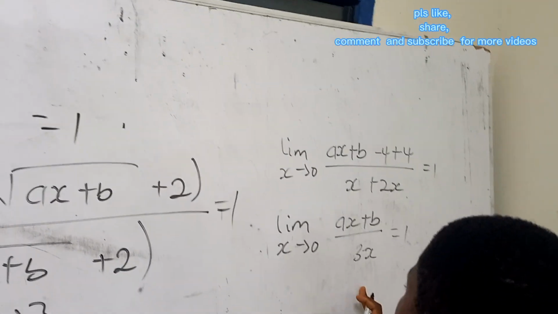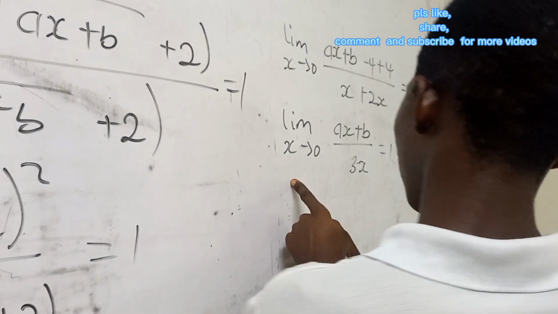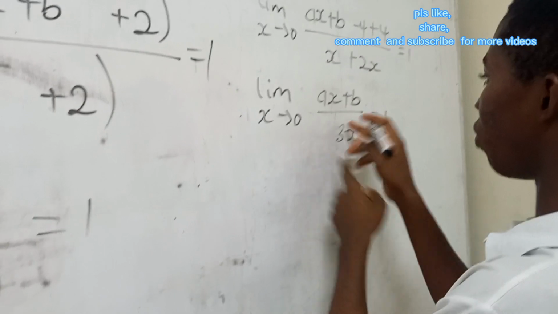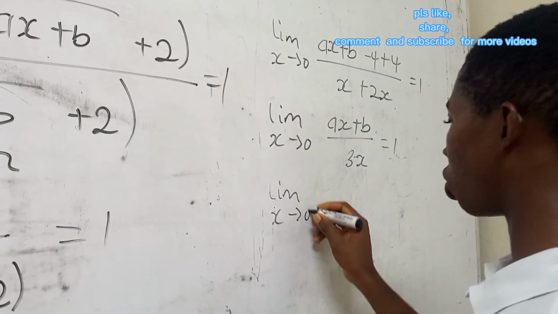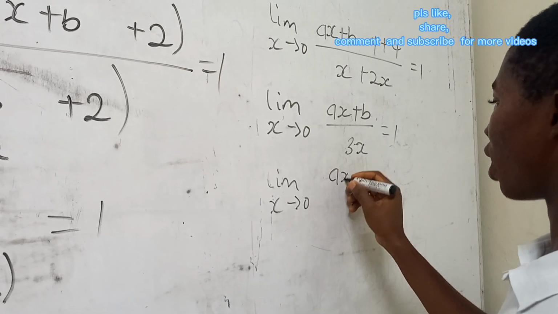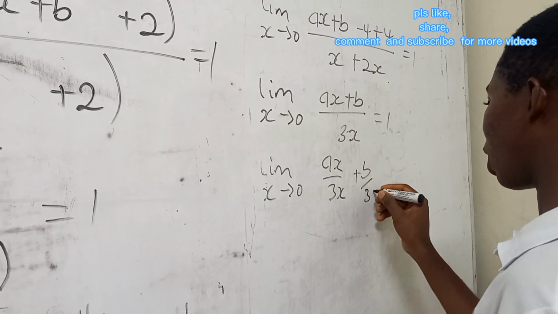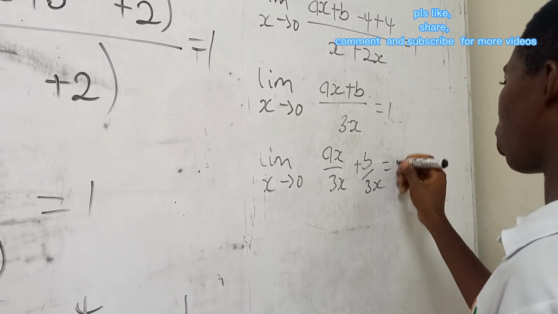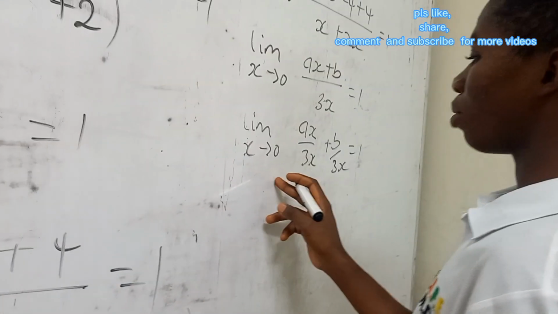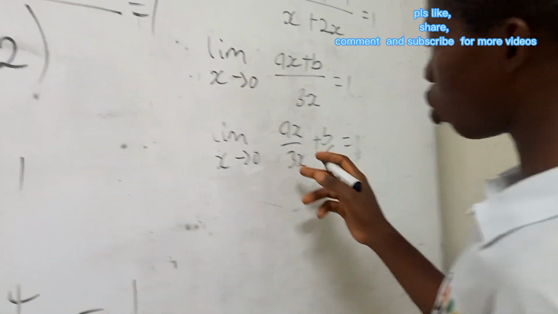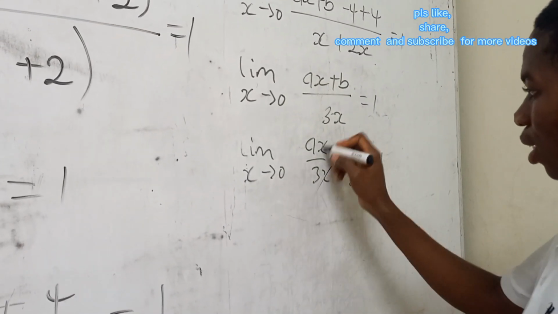So let's simplify this further. If we simplify this further, we will have the limit as x approaching 0 of ax over 3x plus b over 3x, which is equal to 1. So if you push x equals 0 into the equation, you see this x can cancel this x.